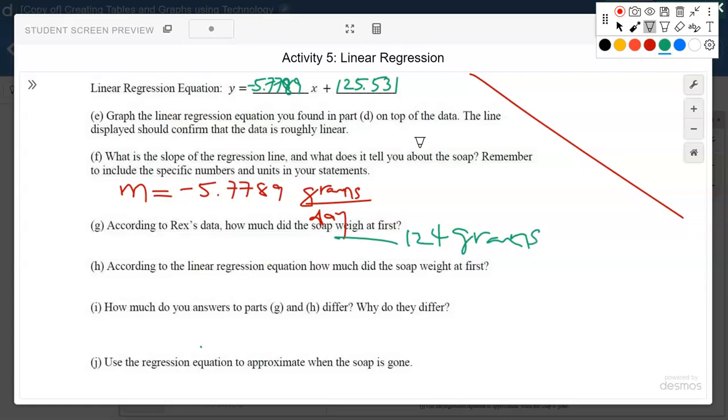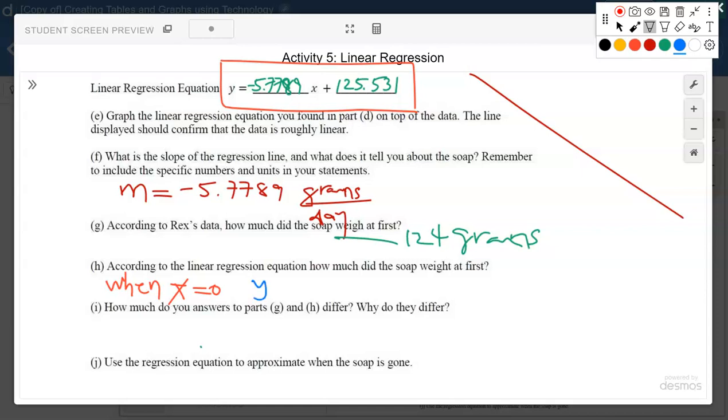According to the linear regression equation, how much did the soap weigh at first? So since we have this equation, at the beginning, that is when x is 0, so we plug in 0 to the x of this linear regression equation.